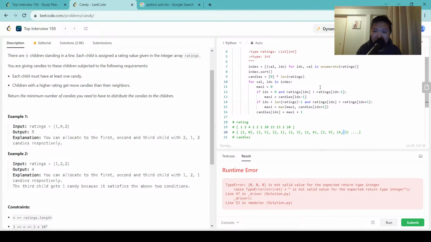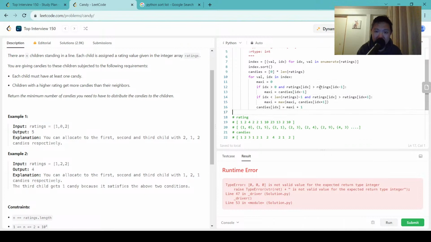So the next one is this. So this person is processed only later on. Okay, cool. I think this should work.